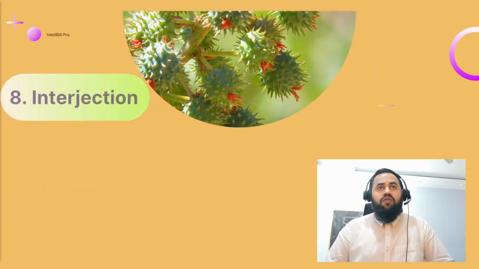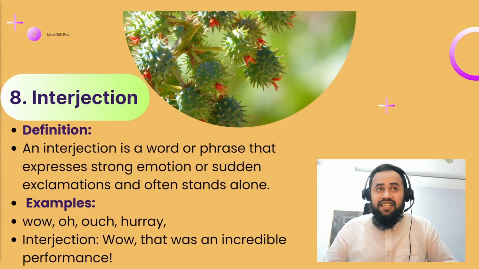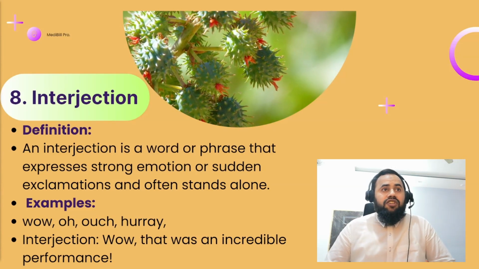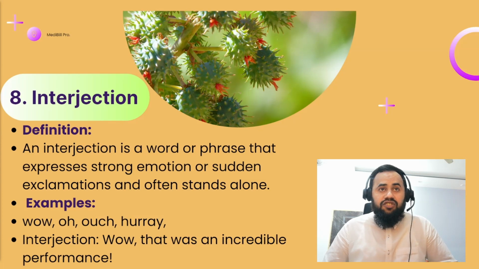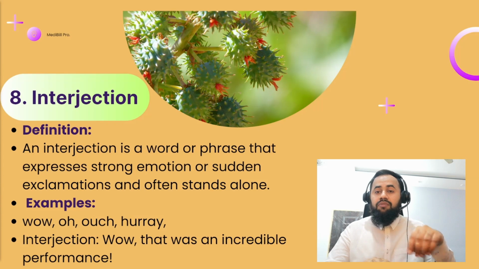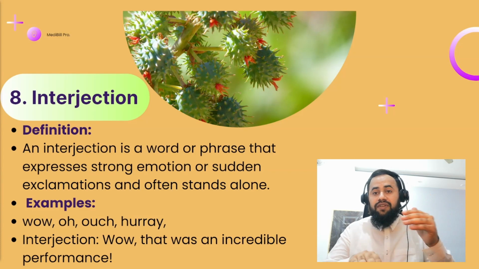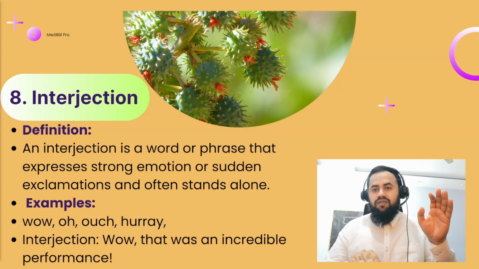Next we see over here, the eighth one is interjection. An interjection is a word or phrase that expresses strong emotion or sudden exclamation and often stands alone. It means some kind of word that stands alone but expresses some kind of emotion or sudden exclamation, representing the emotions of a person.